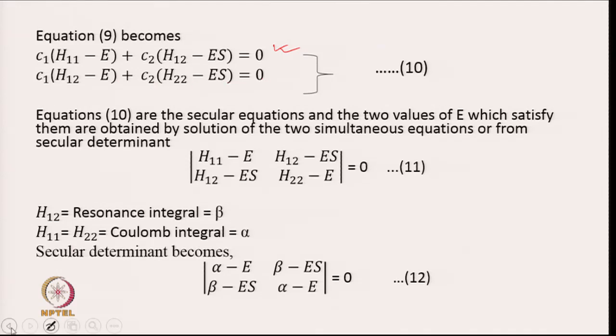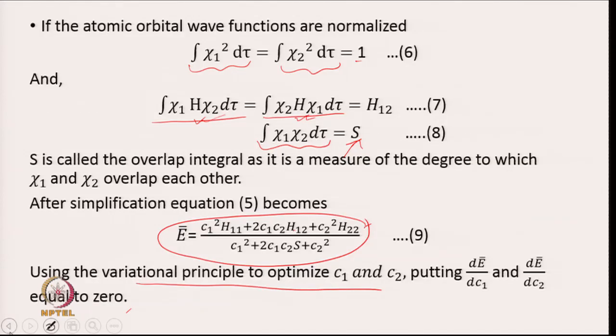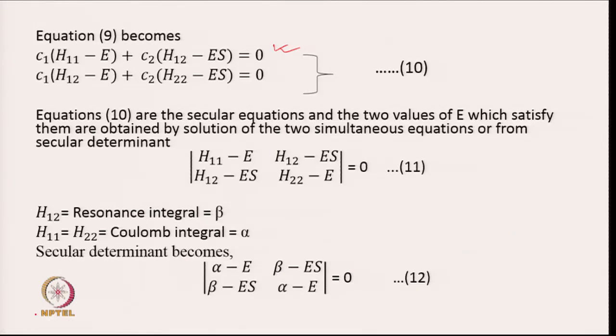So, these two equations we will get if we differentiate E with respect to C1 and E with respect to C2, and when we make them zero, then we have two equations. These equations are called secular equations, and two values of E will be obtained if we can solve this.